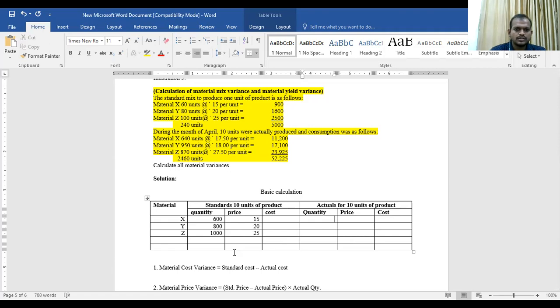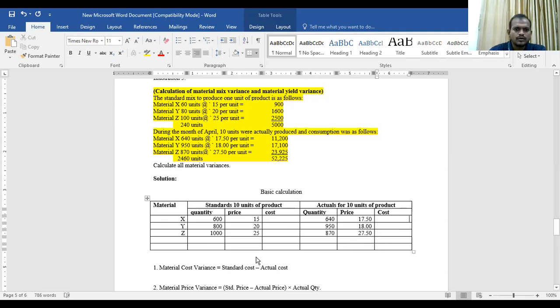So coming to the actuals, 640 because it is already given for 10 units of product. 640, 950 and 870. Price per unit 17.50, 18, 27.50.